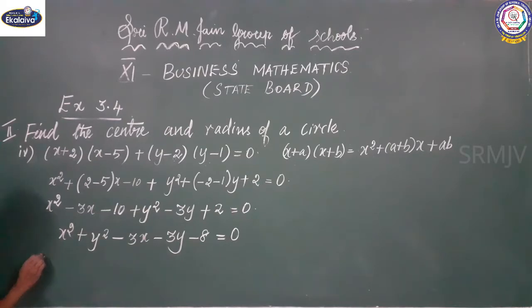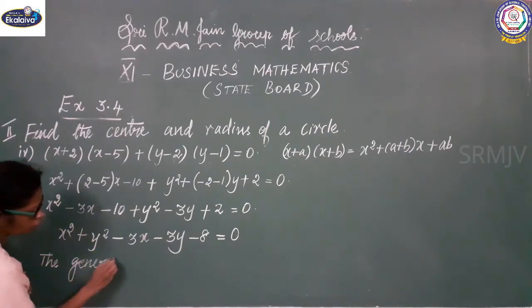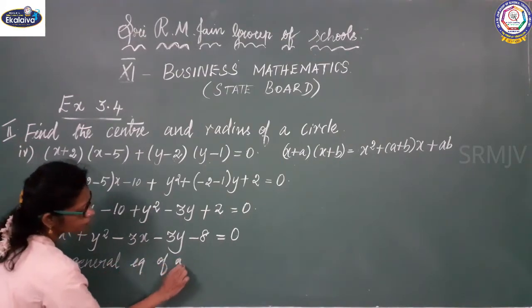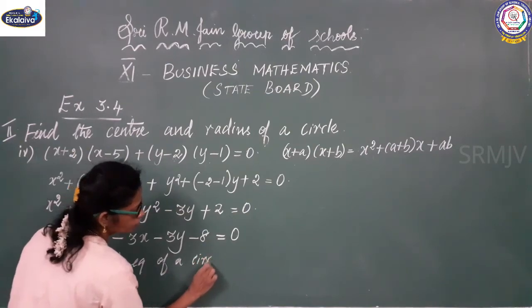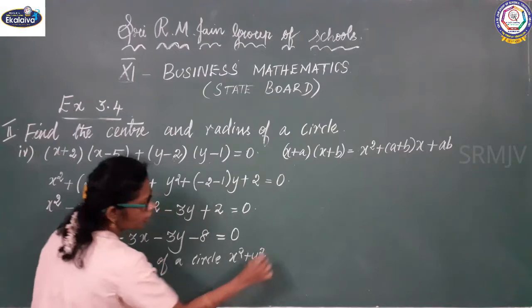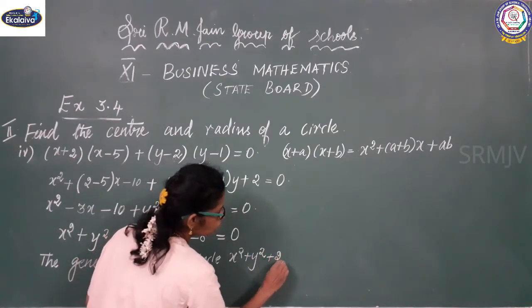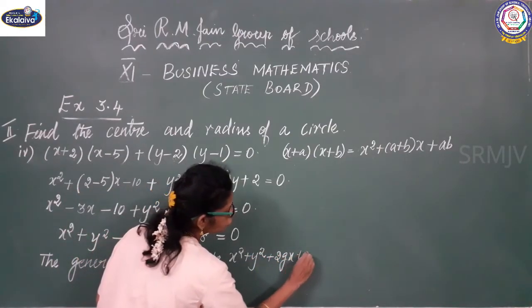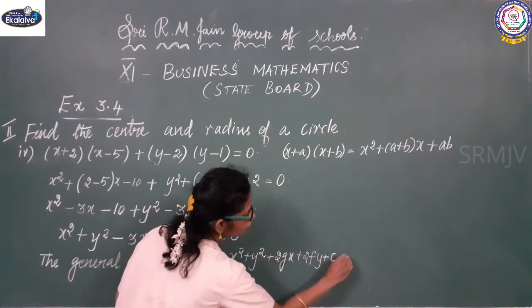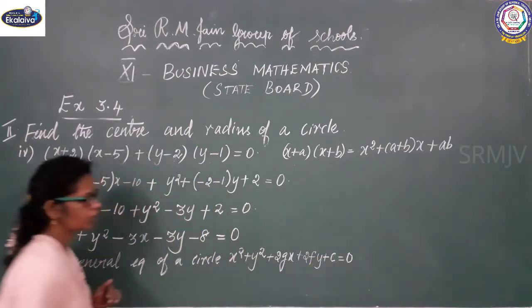Now I am going to write a general format. Why am I going to write the general one? I am going to relate with the general for that purpose. The general equation of a circle is x² + y² + 2gx + 2fy + c = 0, right?